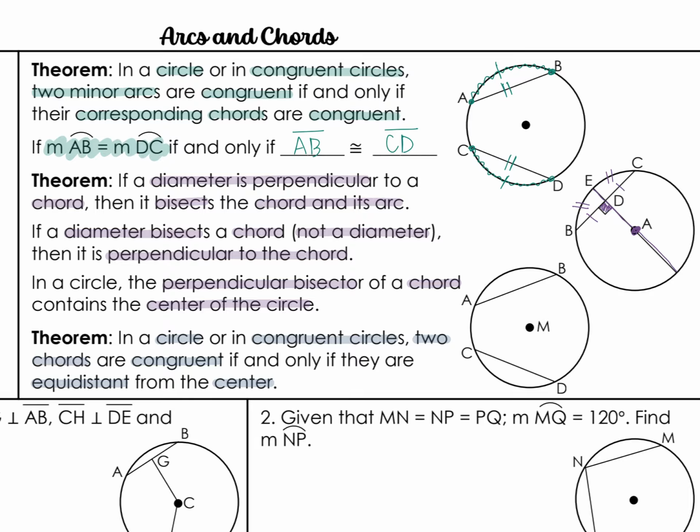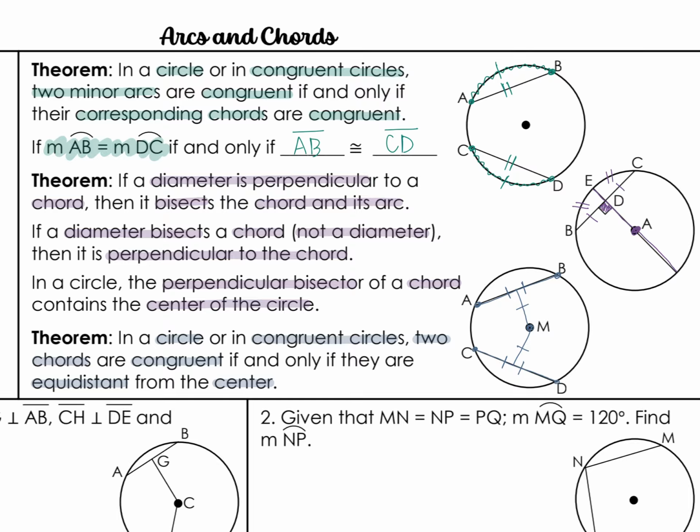So here, if we happen to know that from M, my center, to each of these chords, it's the same distance, they're equidistant, then you can safely say that the 2 chords from A all the way to B and C all the way to D should be congruent to each other.